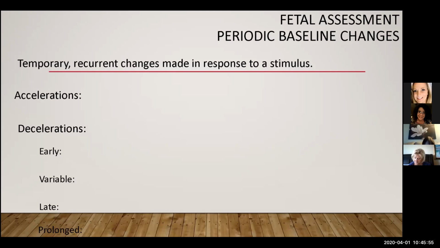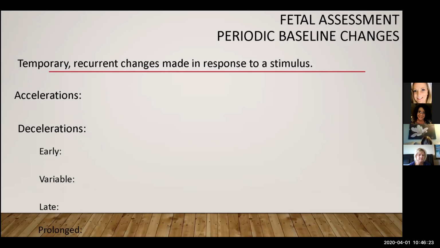Decelerations are a transient fall in fetal heart rate caused by stimulation of the parasympathetic nervous system. They're described by their shape in association to the uterine contraction. They can be classified as early, late, or variable. Early decelerations are visually apparent. They're usually symmetrical. They rarely decrease more than 30 to 40 beats per minute below the baseline.